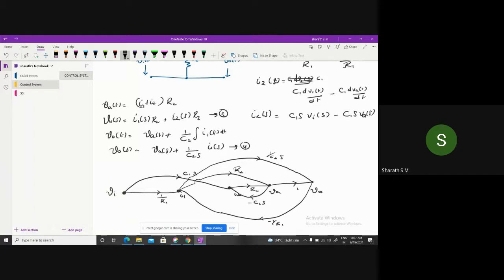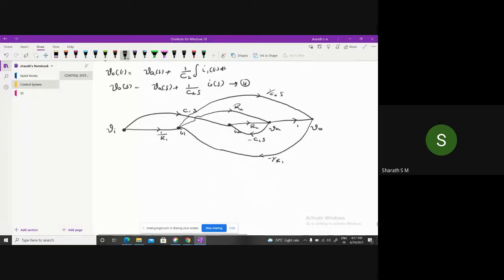For this, we need to identify the forward paths, loops, and non-touching loops. How many forward paths?